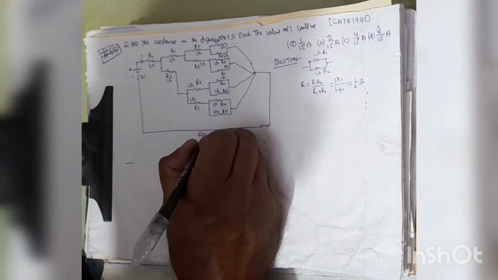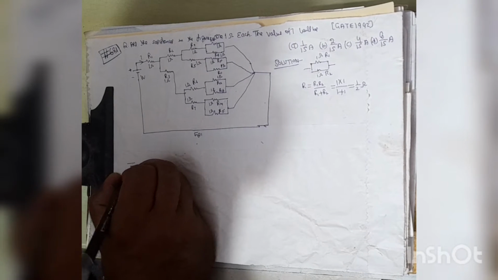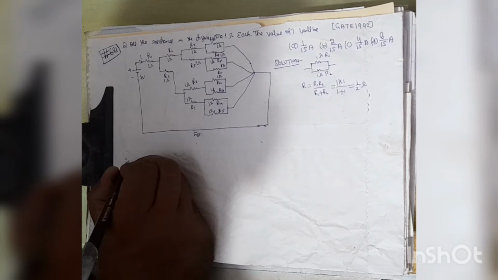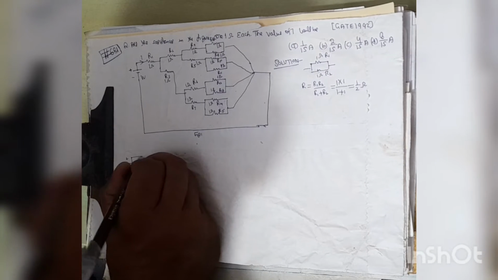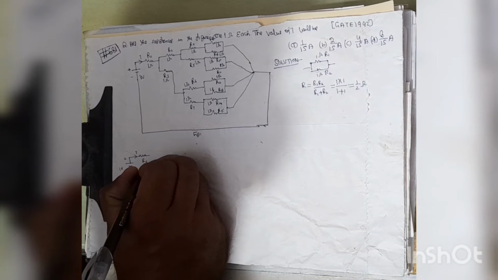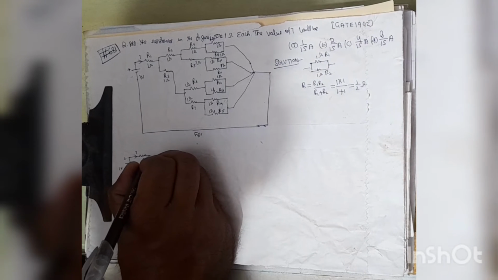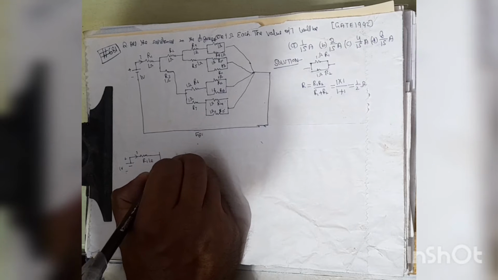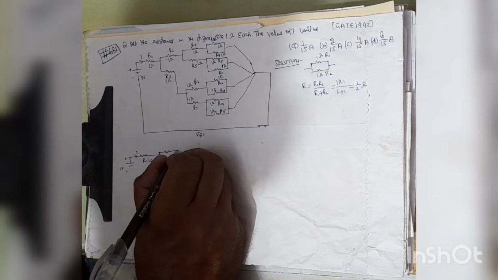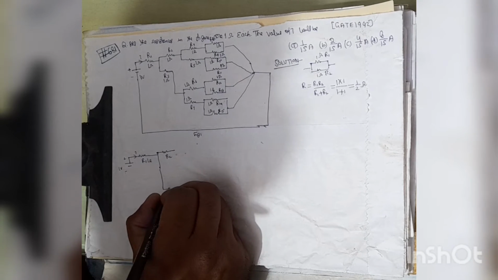This is figure 1. Now we are redrawing this figure. This is 1 ohm, plus minus, this is 1 volt. First this is resistance R1, this is 1 ohm. Now there are two resistances R2 and R3.